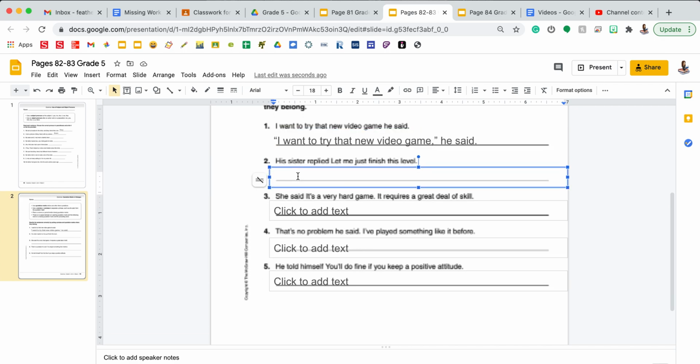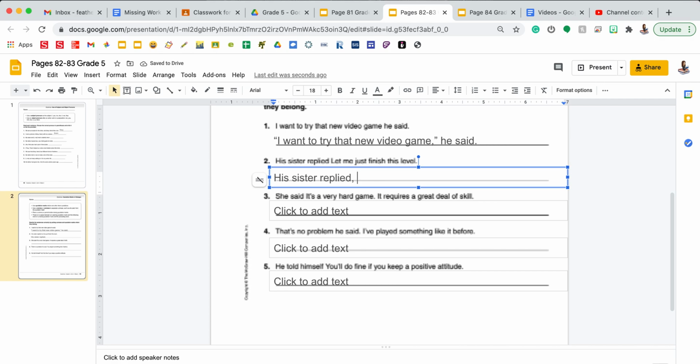Let's also look at number 2. It says, "His sister replied, 'Let me just finish this level.'" This sentence has the direct quote at the end of the sentence. So I'm going to start with no quotation marks. I need to distinguish between where it is saying who's speaking and the actual quote.